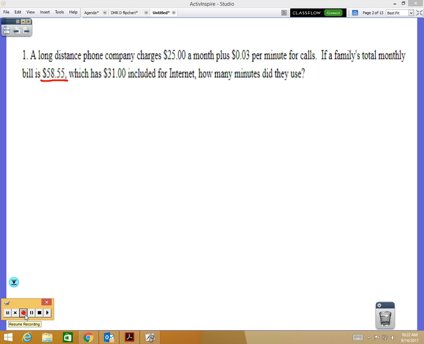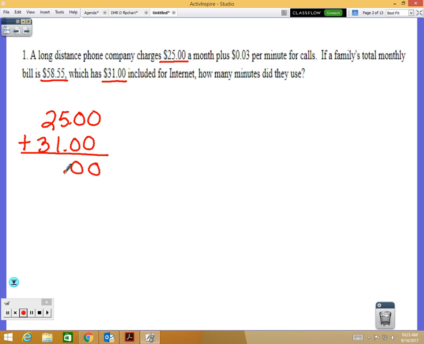So the first thing that we want to do is take off the 2 charges that we know. We know that you have the base charge of $25, and then you also have the charge of $31 for internet. So what I did was $25 plus $31, and that gave me $56.